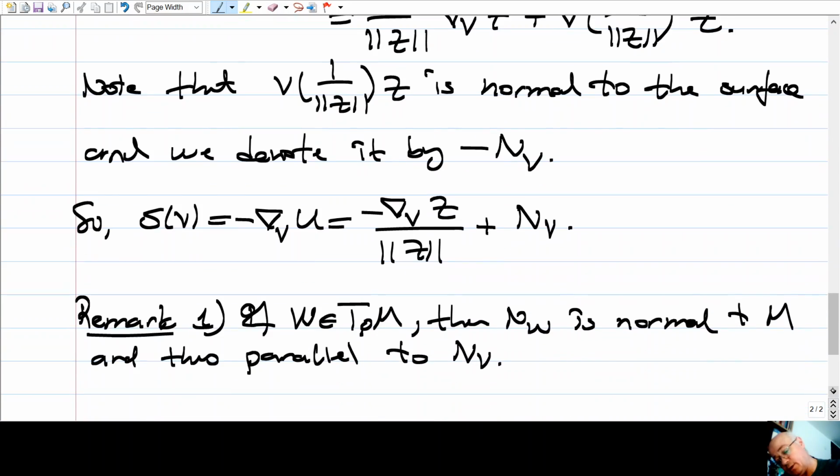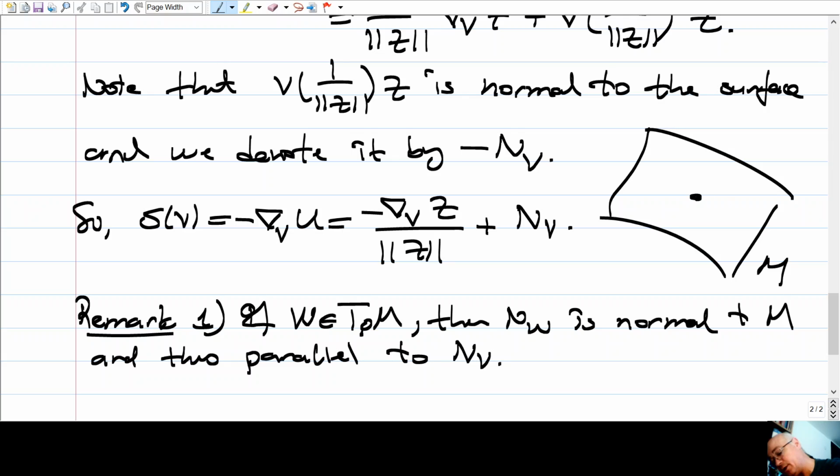I know that this is our surface, let's say, at any point. NV is a normal vector and NW is a normal vector. But these are normal to the tangent space, which is two-dimensional. Therefore, these two vectors must be parallel.